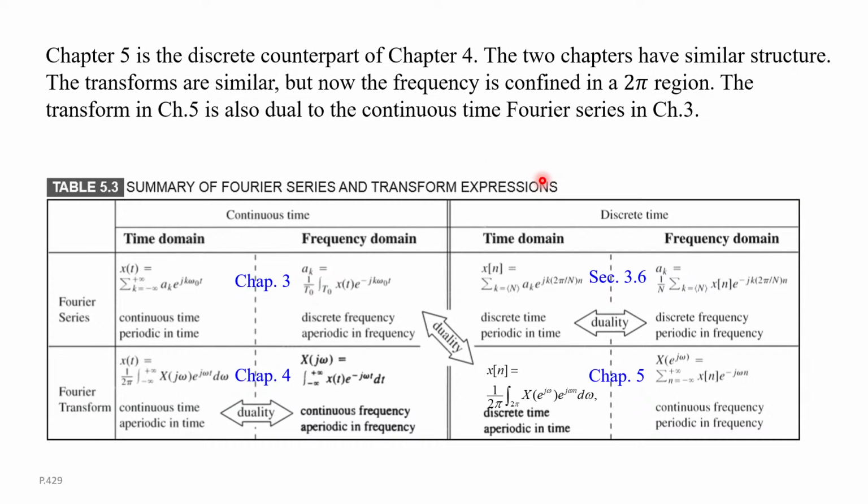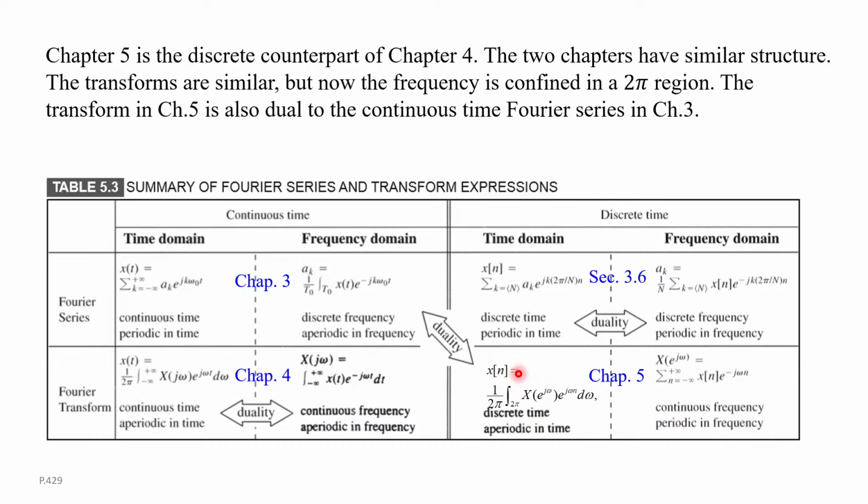Before we start deriving our Fourier transform for discrete-time signals, let's talk about its similarity to other chapters. First is a spoiler here. Those are the two equations you are going to see a lot in chapter 5, once again the synthesis equation and analysis equation.